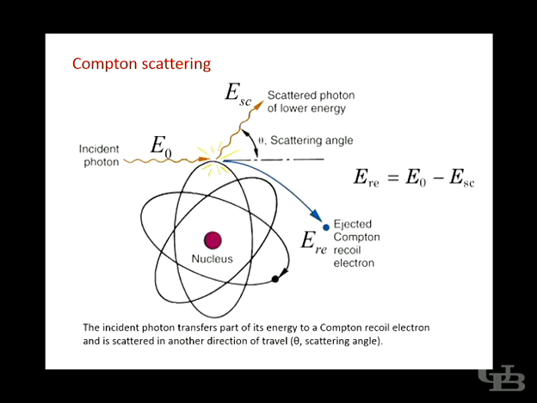Now, your detected photon really doesn't have much useful information to tell you about the original photon. And in this case, for our imaging application, it's a bad event. It's not useful.